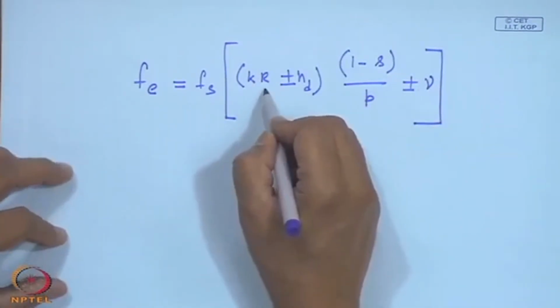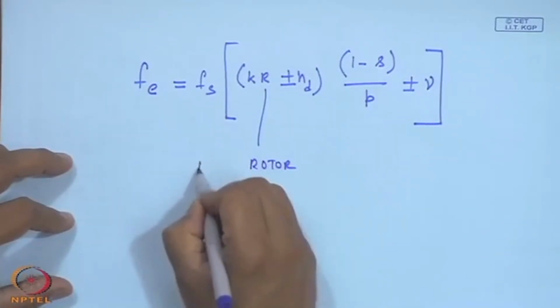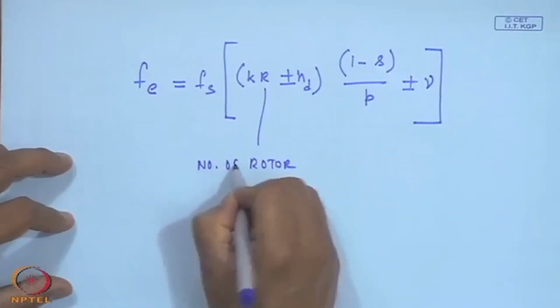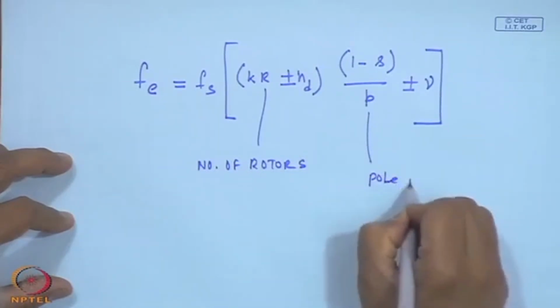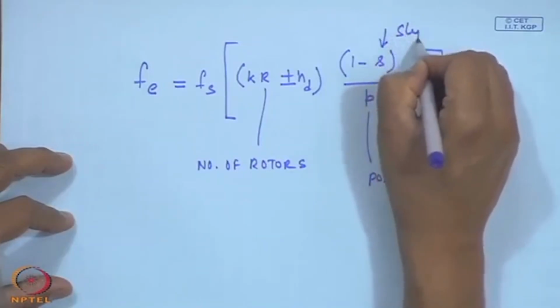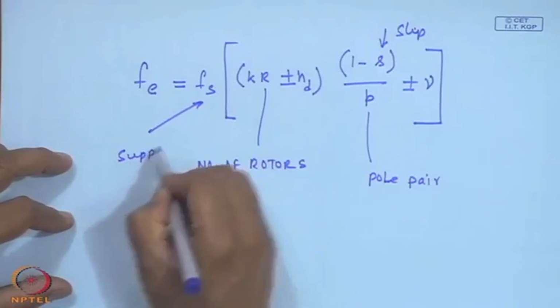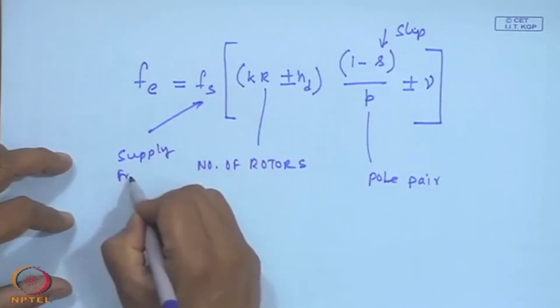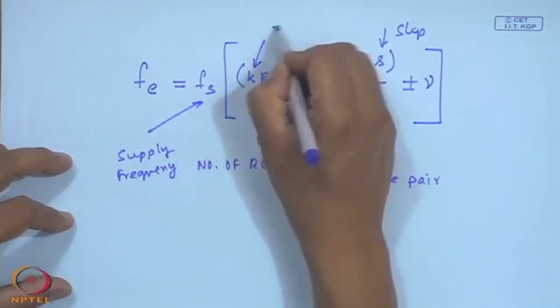Many of these are constants depending on the motor; this is the number of rotors, and this is an integer.